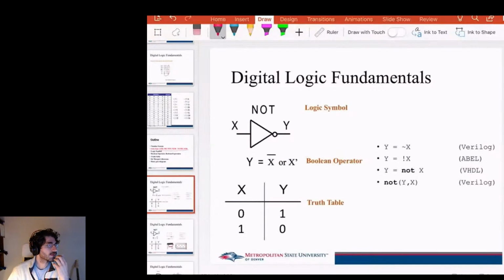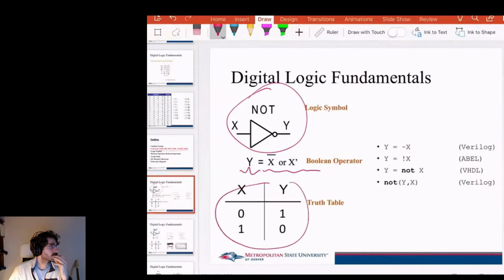This thing is called a logic symbol. And this is called Boolean operation, or using a Boolean operator to represent the logic. And this small chart here is called a truth table.